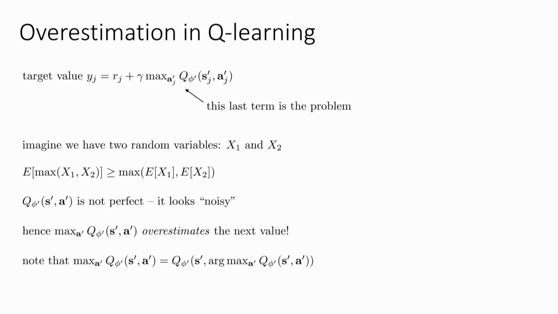So the argmax will pick the action for which the Q value is erroneously high, if such an action exists. And then you'll just grab that action's value, which is the one that has the error in it. So that's why you'll tend to overestimate. So you select the action according to Q phi prime, and your value also comes from Q phi prime. So the noise in those two is correlated.